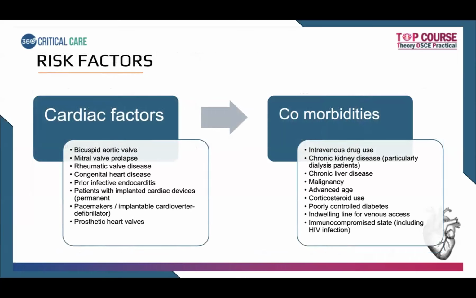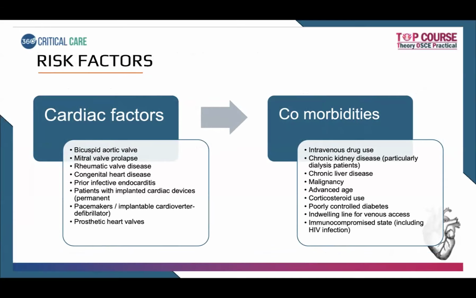So what are the risk factors for infective endocarditis? Cardiac factors, given that there is a problem with the valve. There could be bicuspid aortic valve, mitral valve prolapse, or rheumatic valve disease, or congenital heart disease, or previous infective endocarditis episodes, or implanted cardiac devices like pacemakers, ICDs, CRT-D devices, the leads, and prosthetic heart valves.